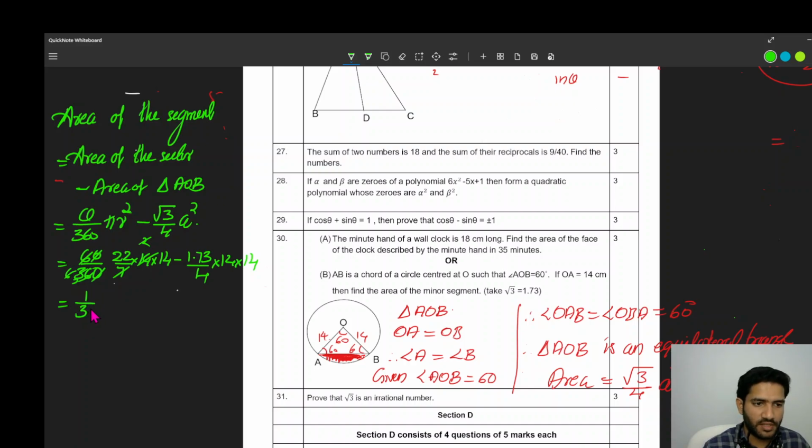So it will be 1 by 3, 22 into 14. Here we can cancel this one, it will be 7 and 2. Again we can cancel, it will be 7. So it is 49 into 1.73. Okay. So 22 into 14.